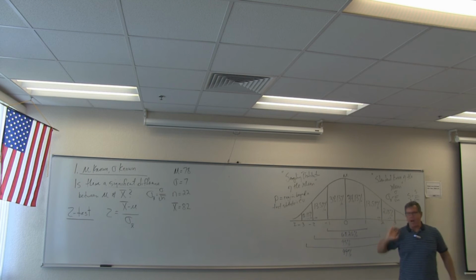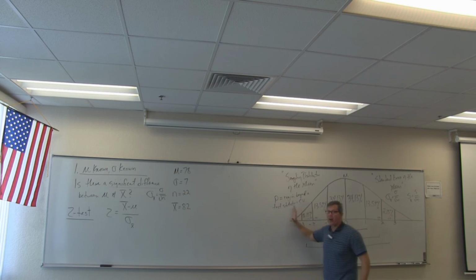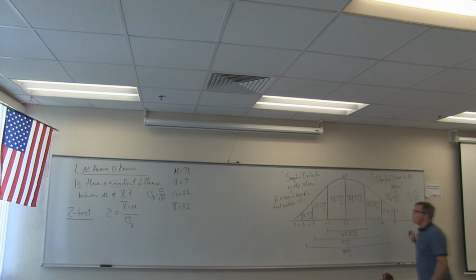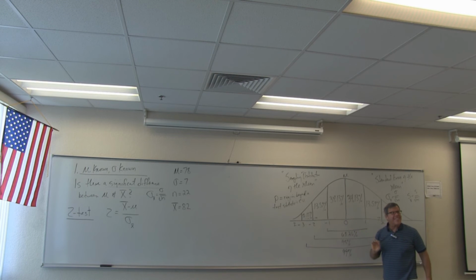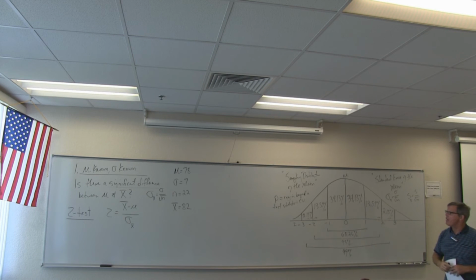We would reject the null. Everything that happens out in the tails is the rejection scenario. Look in your books. This is called the rejection region. But if our calculated statistic falls in here somewhere, we're going to accept the null and conclude that we have a non-significant difference between x bar and mu.